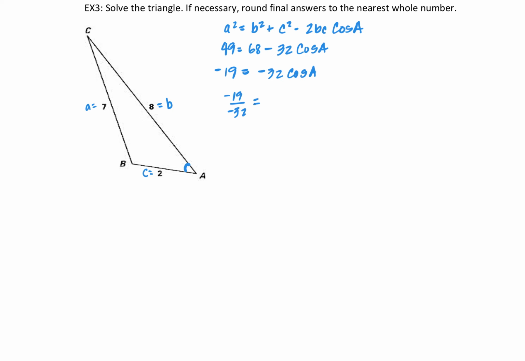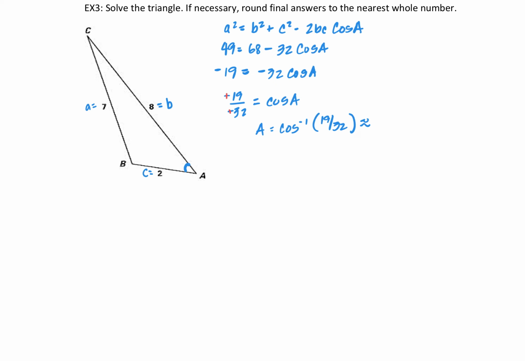Now that I have the cosine of A by itself, also noticing that these negatives would cancel, then I could use the cosine inverse to find my angle A, which is going to be equal to cosine inverse of 19 over 32.